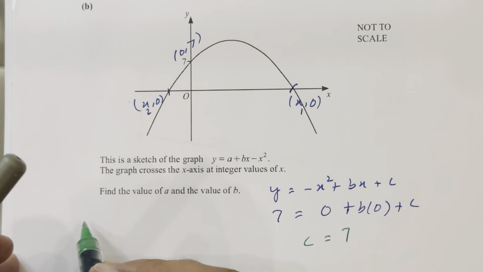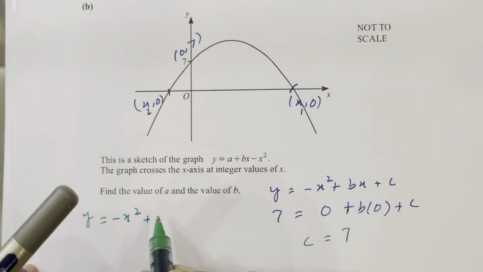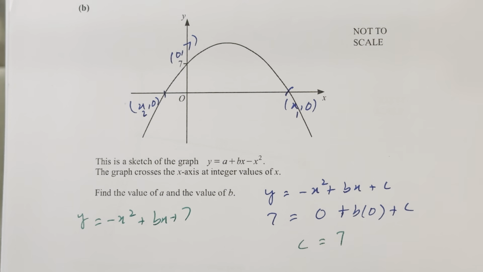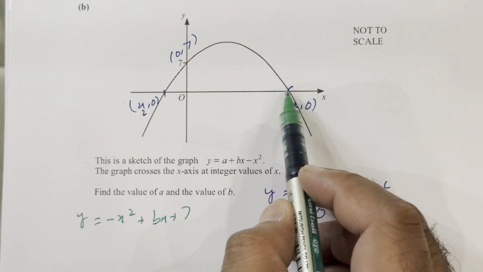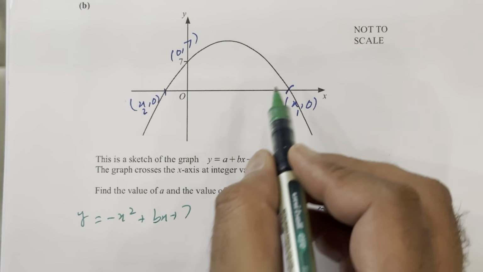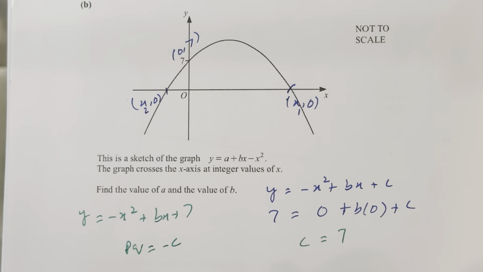So our new equation would be y = −x² + bx + 7. Now you need to write this formula for when these two intersect the x-axis. It would be p and this would be q, so pq is equal to −c. And c we just calculated, that is equal to −7.